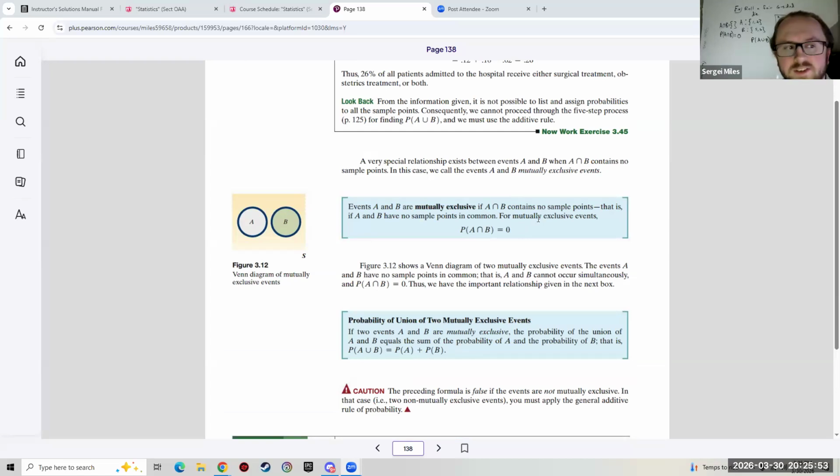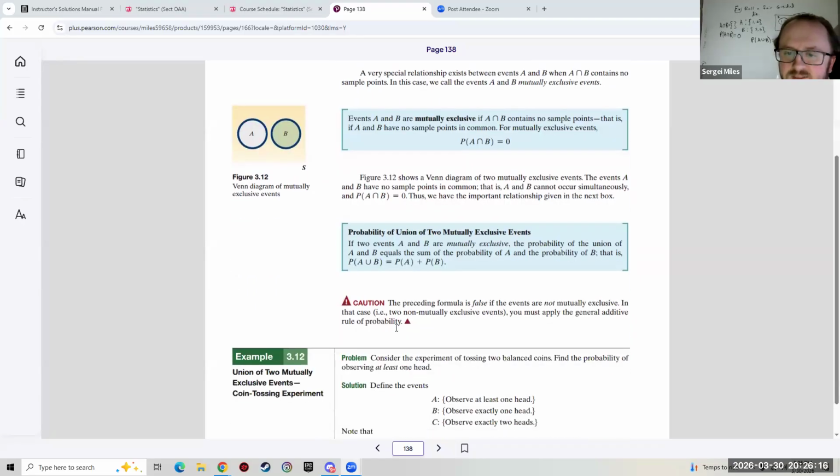In other words, the intersection is empty. And we have this picture on the side, same picture like what I drew on the board here. When they are mutually exclusive, that means they don't overlap. Their intersection is empty. We don't have to worry about trying to subtract it out because there's nothing there. Nothing is being overlapped or double counted. All right. And so this gives us an updated probability for the union. If they're mutually exclusive, then we don't have to subtract it and we're on our way. Okay?